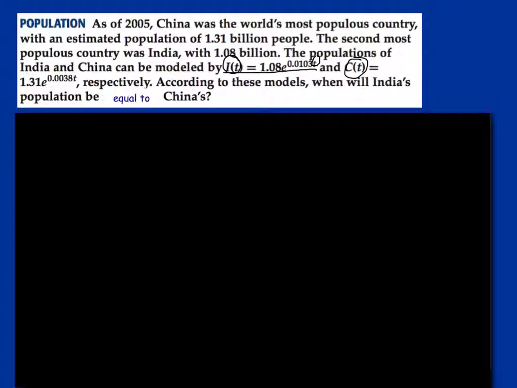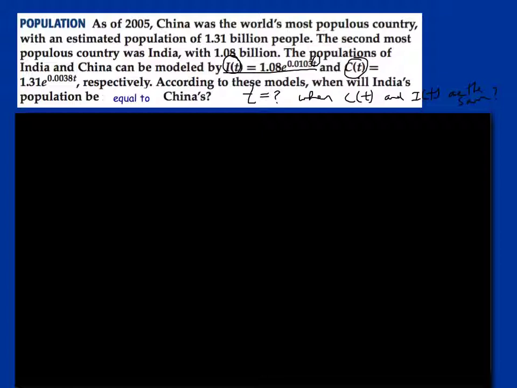So how can we set this up? We want to find the time, so we want to find t. What is t when c of t and I of t are the same? So that's what we're really looking for. When are those two populations going to be equal to each other?